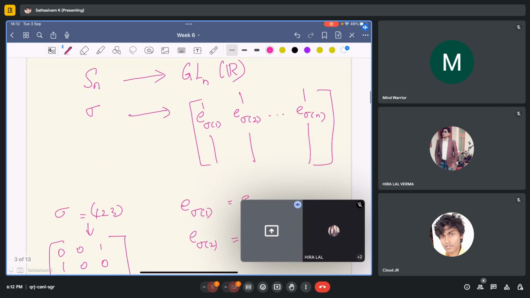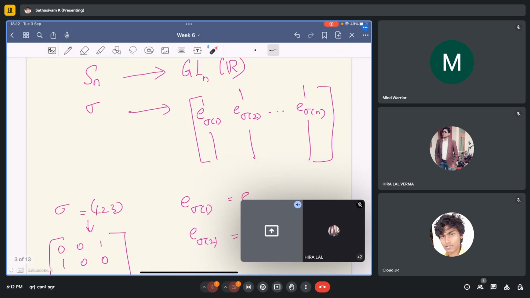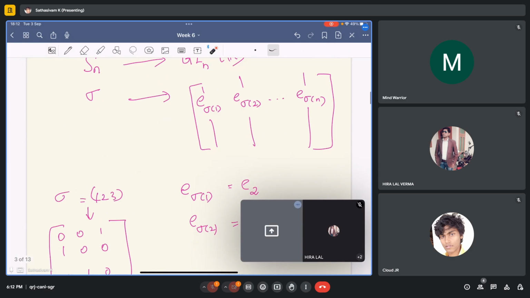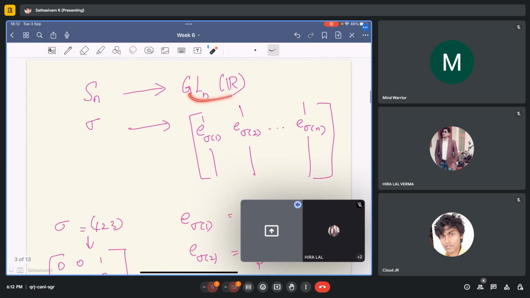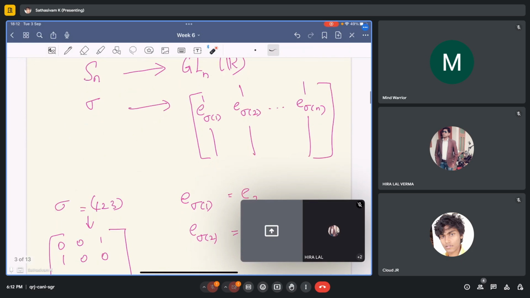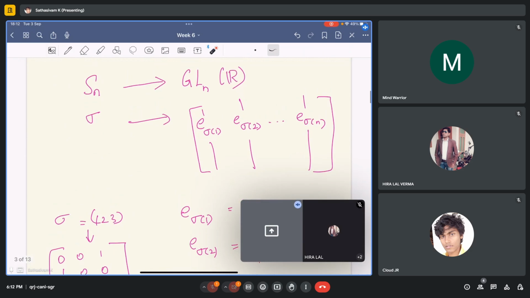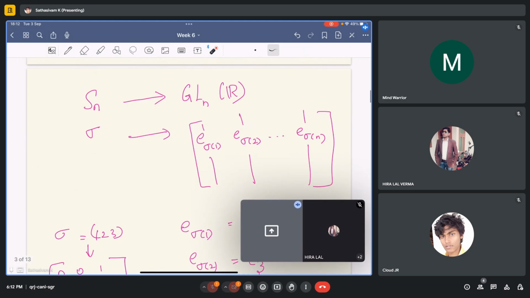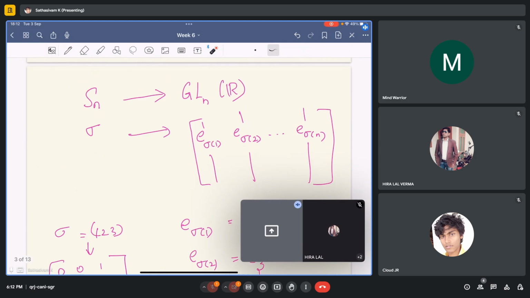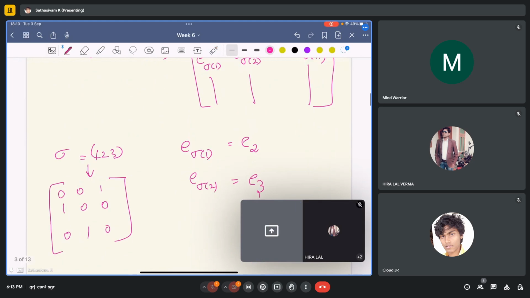So one thing you can observe is, one can actually prove it, which I'm not going to do, that this matrix is invertible. Okay. This we can do. And also what you can prove is this map is injective. So let me call this F. Maybe I'll erase this part.